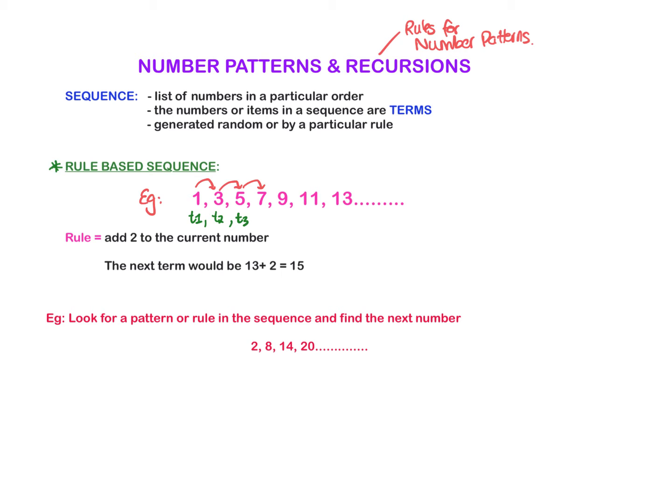To go from 1 to 3, what are we doing? Adding 2. So the rule for finding the next term is to add 2, and I could keep adding 2 and so on.